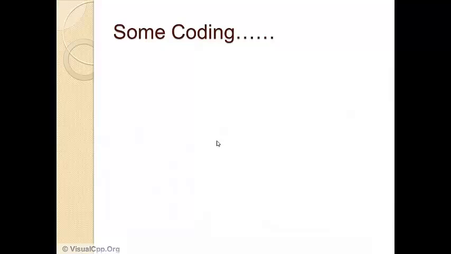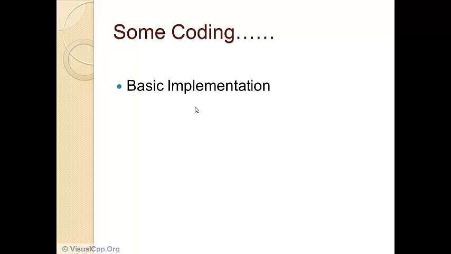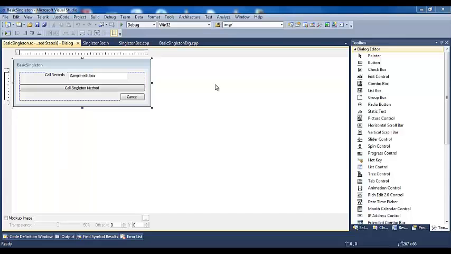Now some code. We will implement the singleton pattern, and we are going to use Visual C++ for this demonstration. For the demo application, I already created a dialog box based application which has one text box and one button.